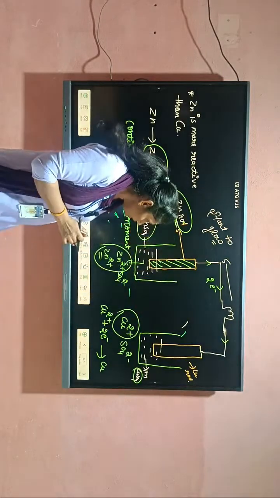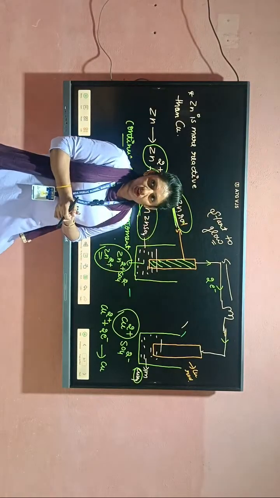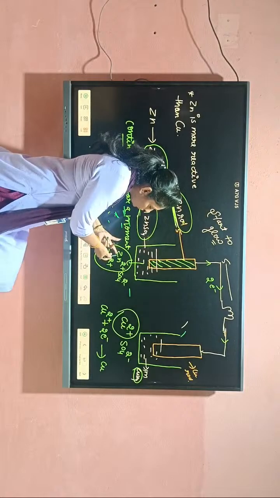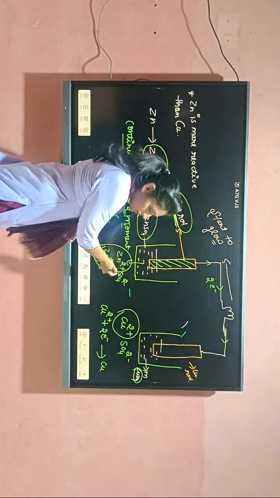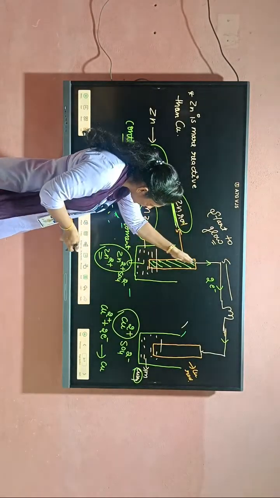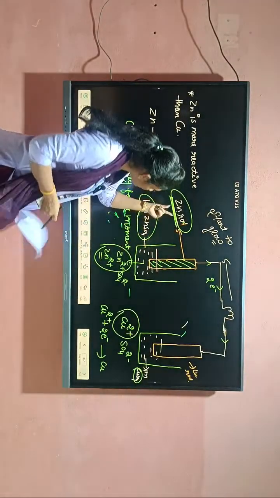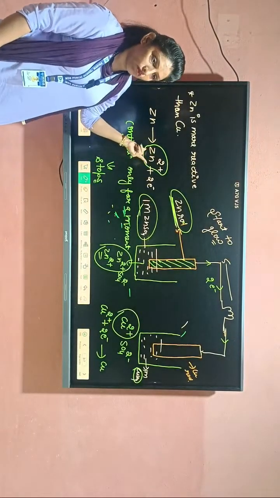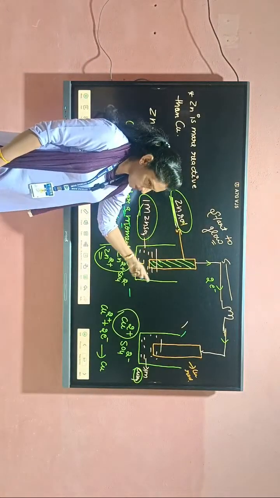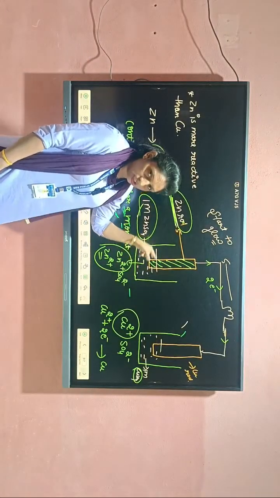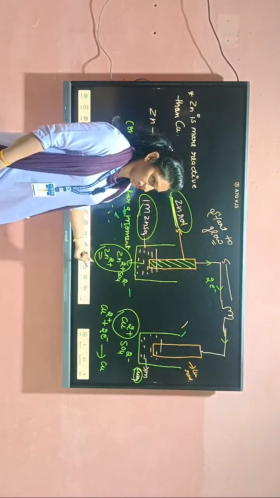Okay students, already it is present as ZnSO4, means in salt form. Already the same number of zinc positive ions and SO4 2- ions are present here. It was neutral, but after the reaction, this zinc rod is also losing its electron, and after losing the electrons it is converting into the ionic form, Zn2+ ions, and these Zn2+ ions remain in solution now. So here the concentration of cations increases.